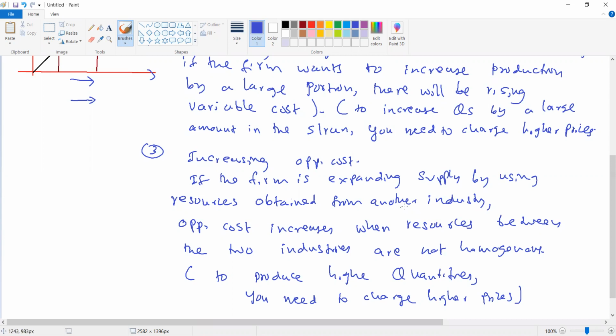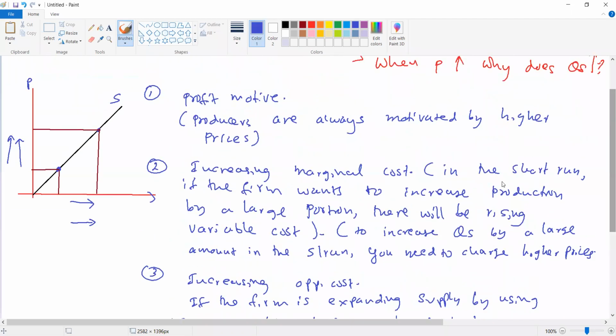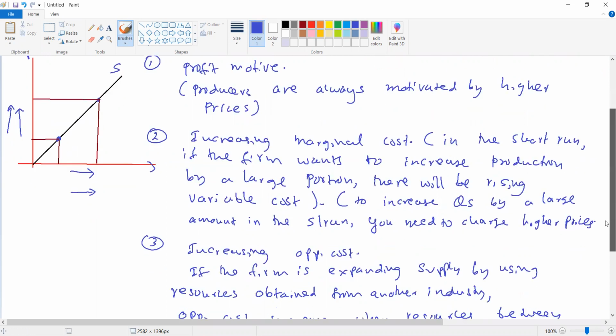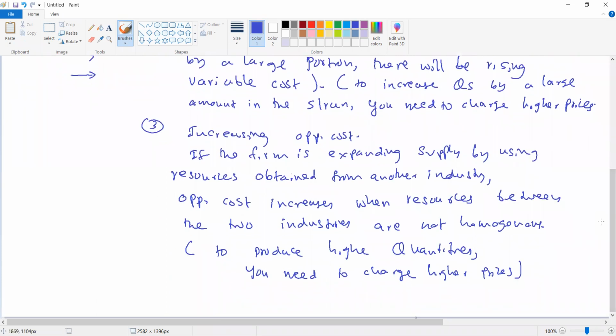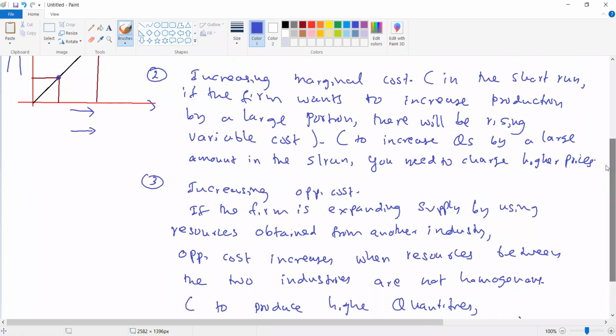So in the short run, within a few weeks, the firms had to increase the production of these by a large amount, and the prices of masks and sanitizers sold increased very high. But in the long run, now we can see the prices are coming down again. So the second and third reasons, it was not profit actually. The second and third reasons were backing such high prices.